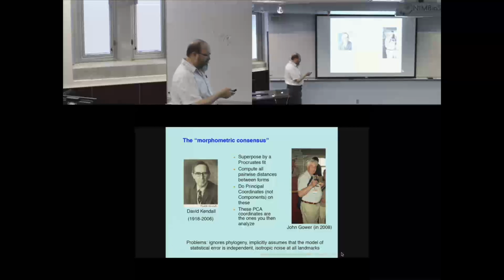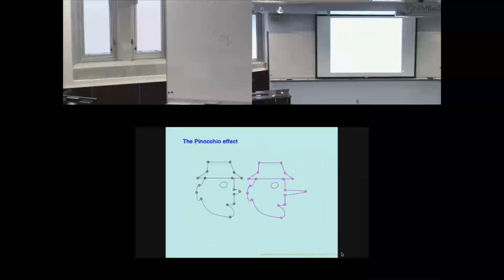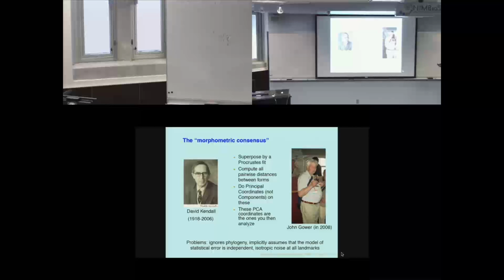And there were some lovely theorems done by two guys who did important work. The late David Kendall was a very important British probabilist. He did lots of important things. Late in his life, he got into this, and he came up with the Kendall shape space and these Procrustes methods. And what they do is they superpose by a Procrustes fit all the specimens.